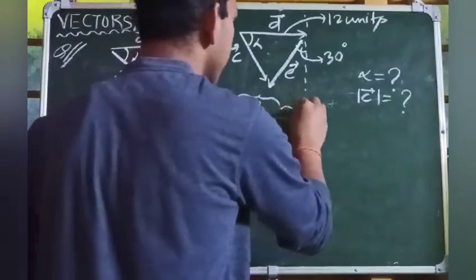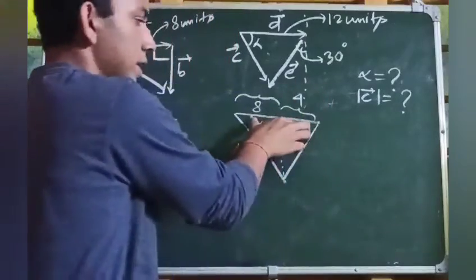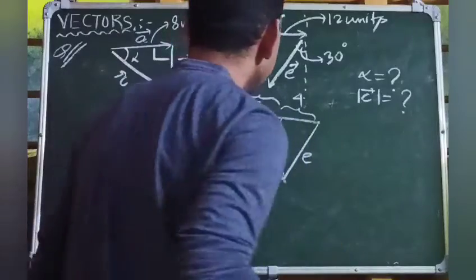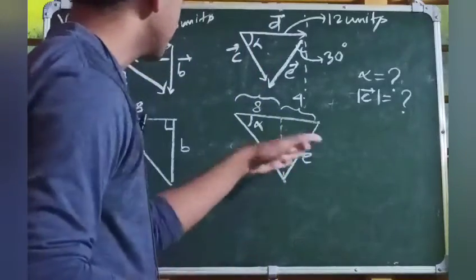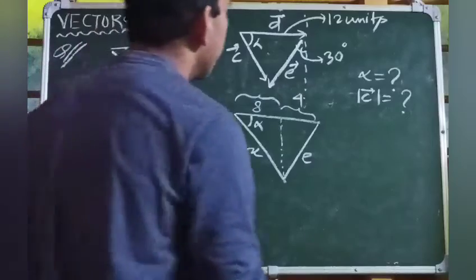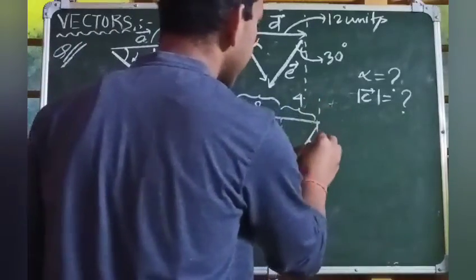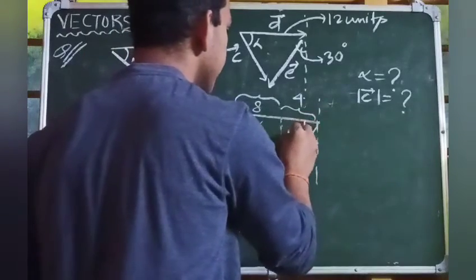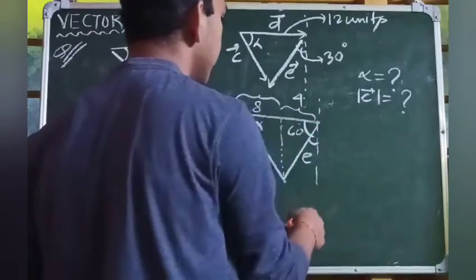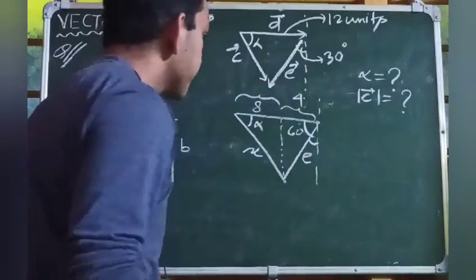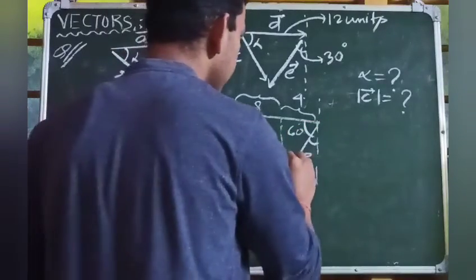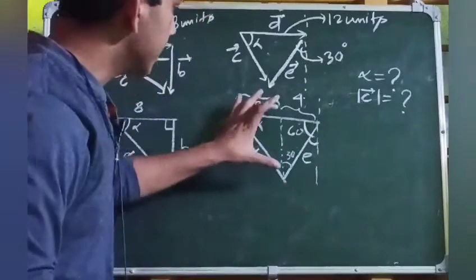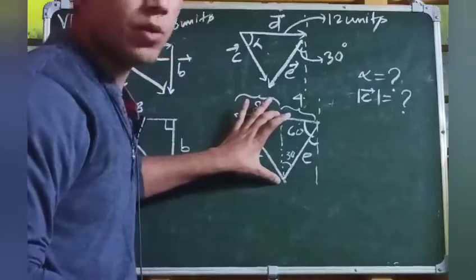So this length is going to be 4 units because as a whole it is 12 units. And this is E, let's suppose its magnitude be E, and since this angle is 30 degree, this angle must be 60 degree because this line is vertical to this line. So this angle is also 30 degree. Let us suppose this altitude's length be y.